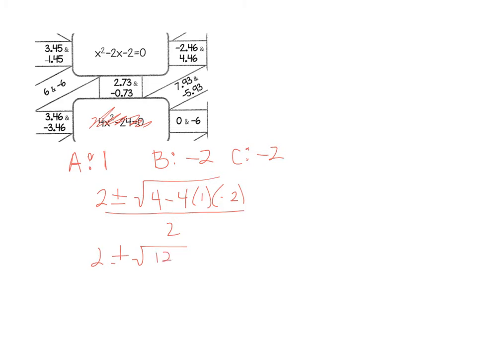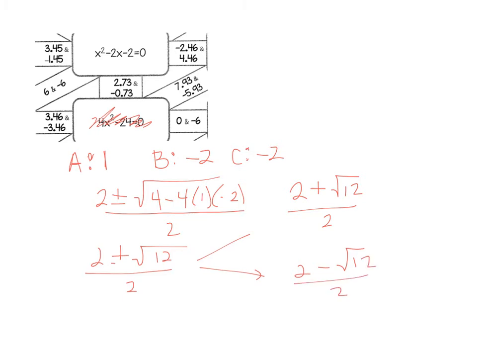12 over 2. We'll split that into 2. We'll have 2 plus root 12 over 2, and we'll have 2 minus root 12 over 2. So I got 2 plus square root 12 equals over 2, 2.73.